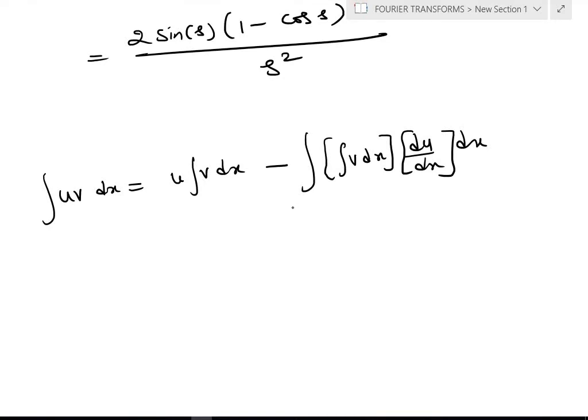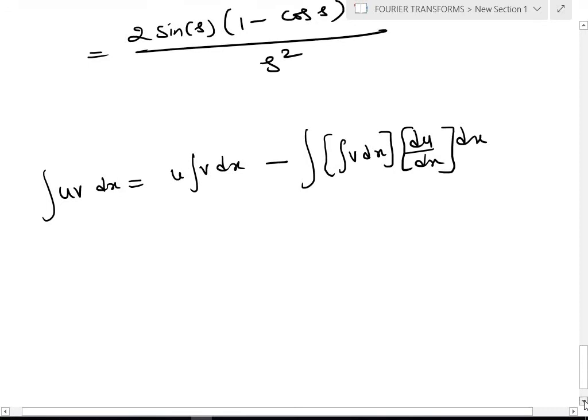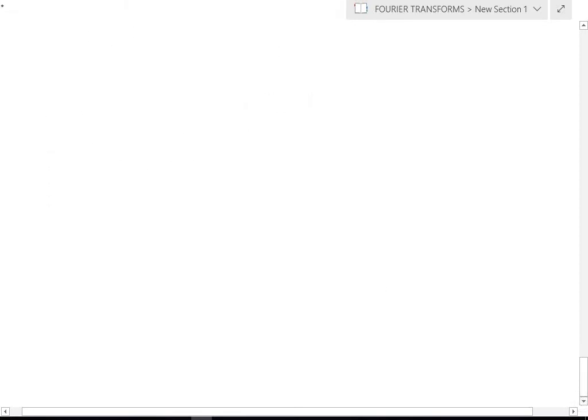Let's take a simple example to demonstrate this. Inverse Fourier transformations. Let's say the problem is as follows.